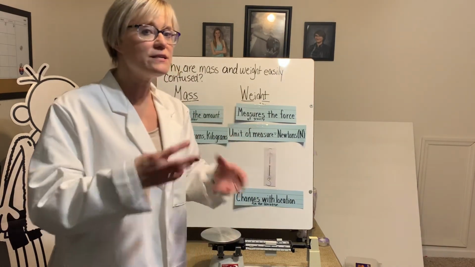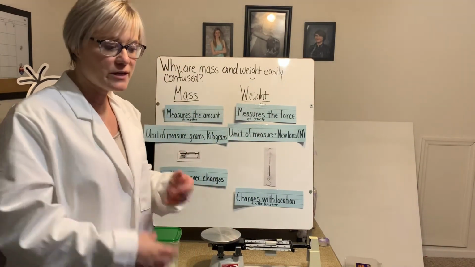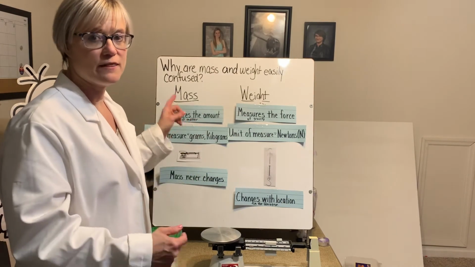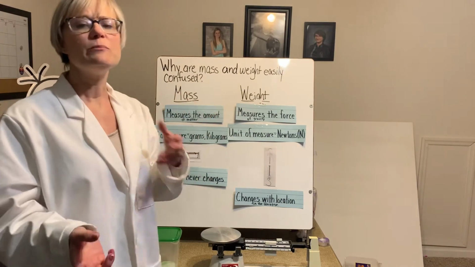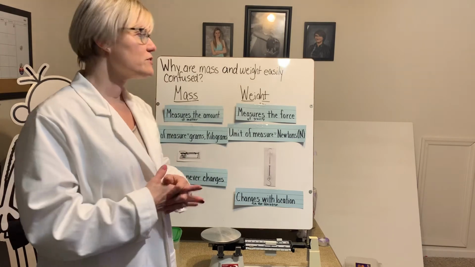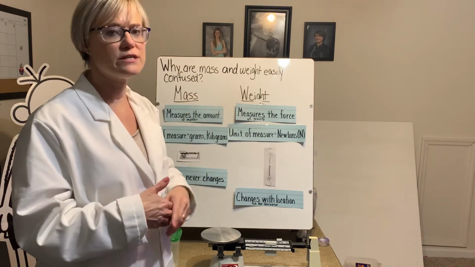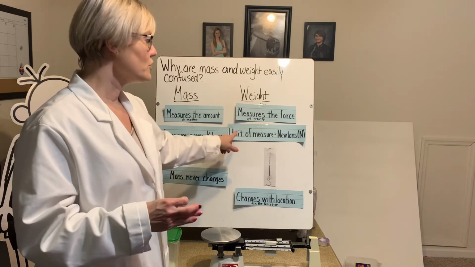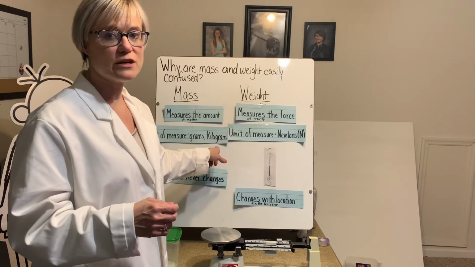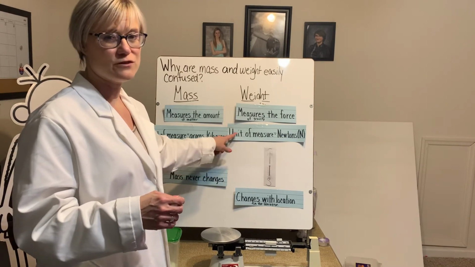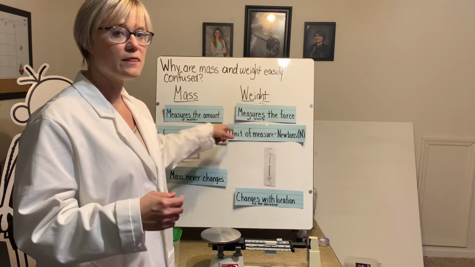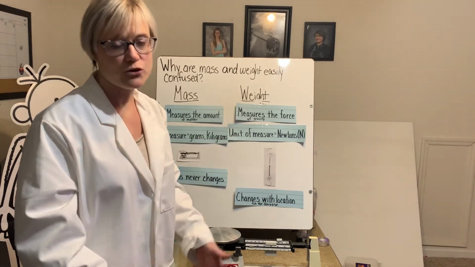So I think because they are so interrelated and because the scale tells me the measurement for mass, people get those confused. And so that's my theory on why mass and weight are so easily confused, because they are so interchangeable that sometimes we get them confused because of the measurement on the bathroom scale.